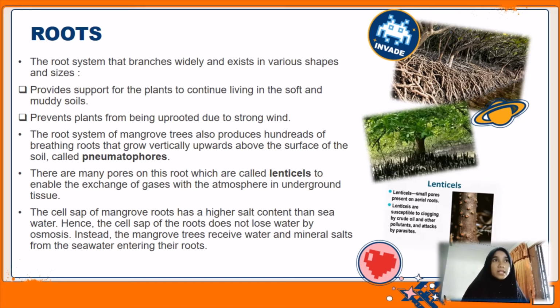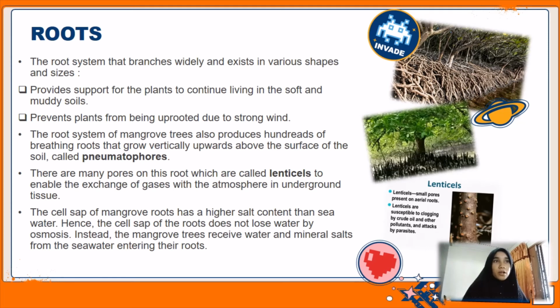The root system of mangrove trees also produces hundreds of breathing roots that grow vertically upwards above the surface of the soil, called pneumatophores. There are many pores on this root called lenticels to enable the exchange of gases with the atmosphere in underground tissue.